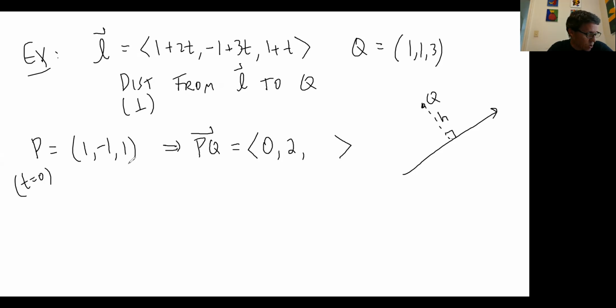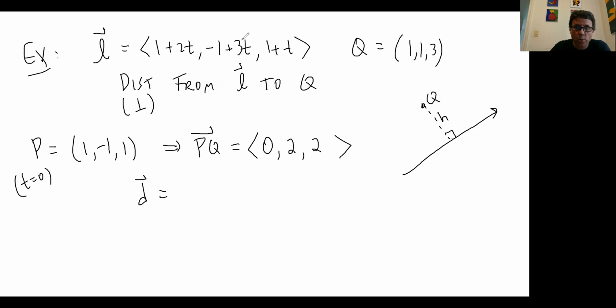For the last one here, I need to get from 1 to 3. So I need to add another 2. So if I took this point, followed this vector, I would end up at Q, which is exactly the point. The direction of the line is what's being scaled and added on.